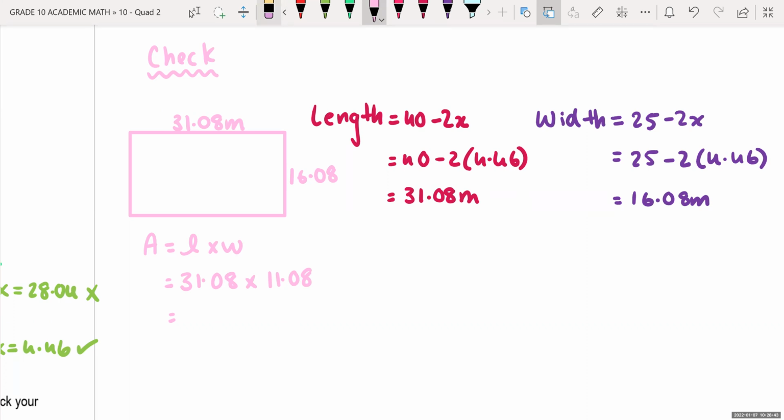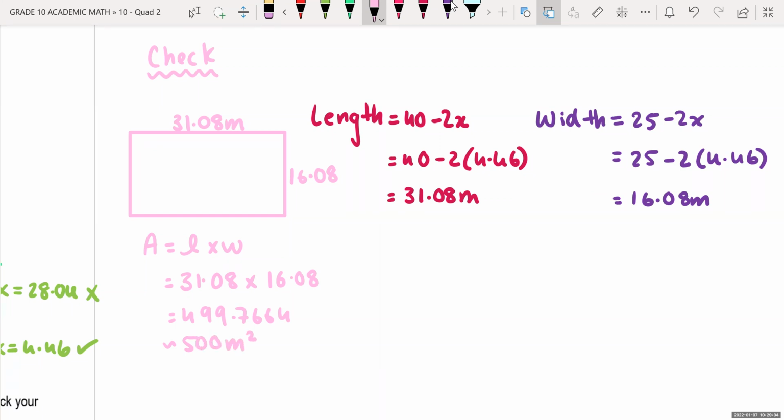And then this should also be 16.08. Now let's see if it works. 31.08 times 16.08, and that gives me 499.7664, which is as close to 500 meters squared as possible.